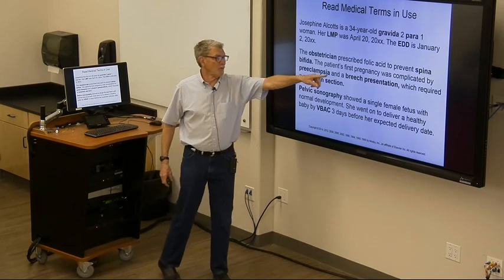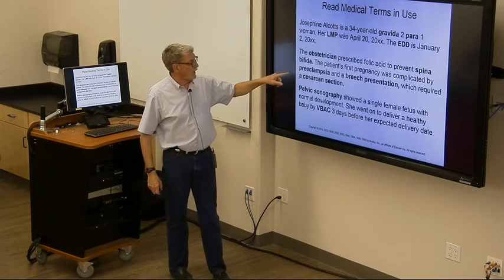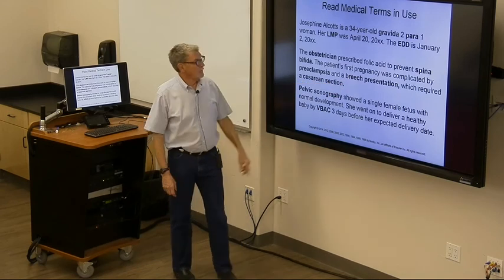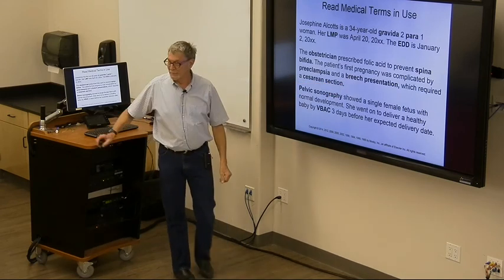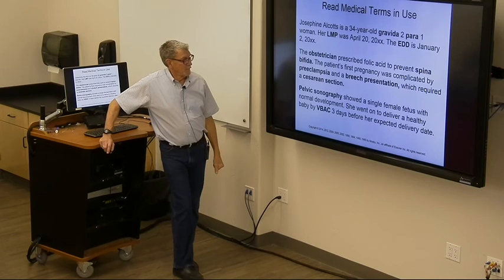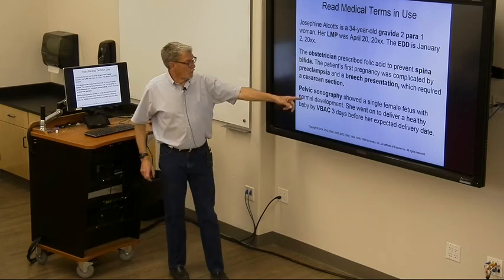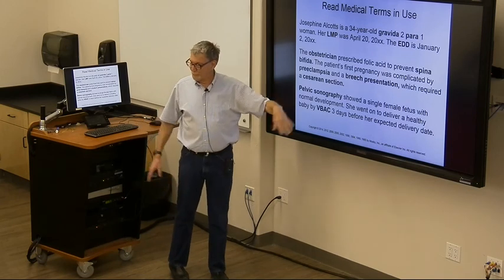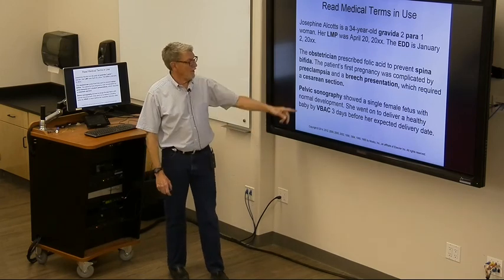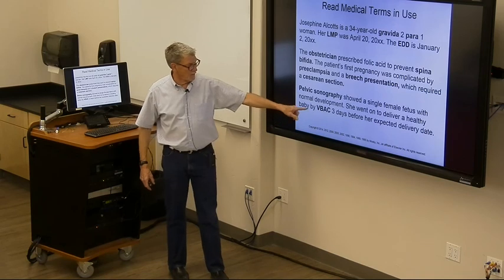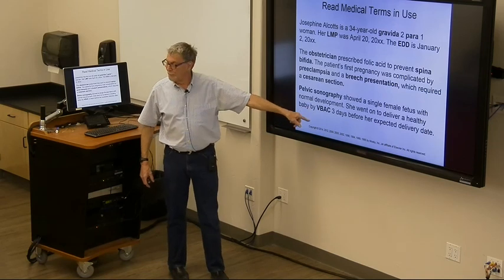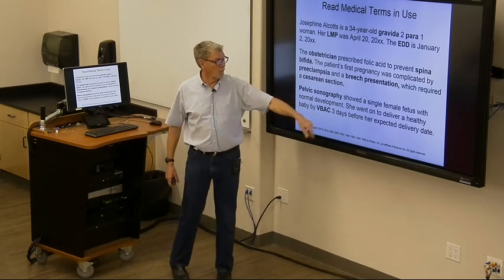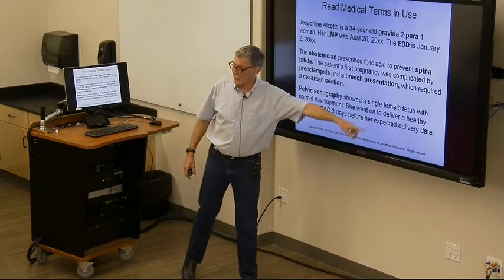First patient's pregnancy was complicated by preeclampsia and a breech presentation and had a C-section. So they did a sonograph. There's a female fetus, normal development, positioned right and everything, I guess. And so she went on to have a delivery, a vaginal birth after C-section, 3 days before expected delivery date, EDD.